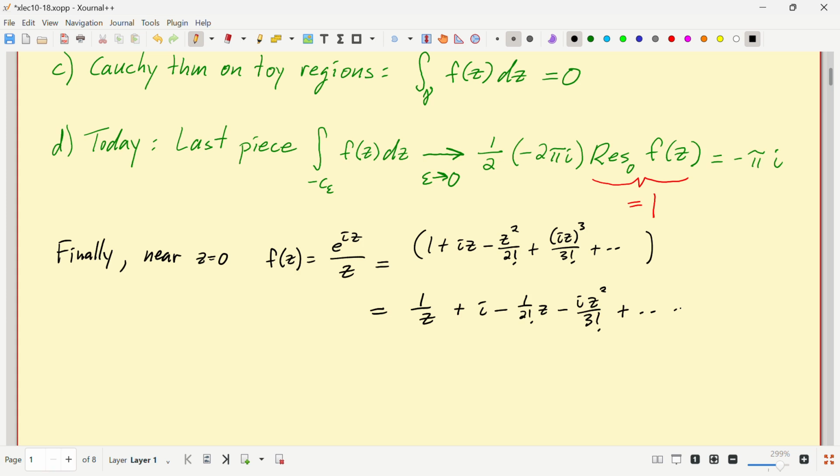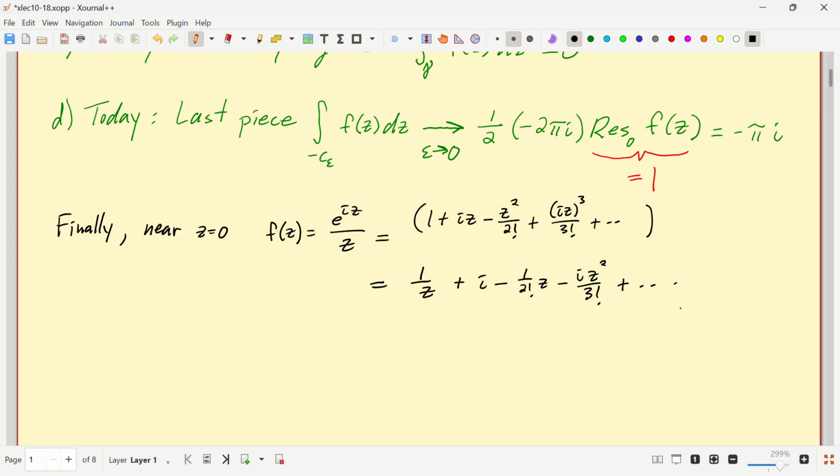And this thing here has the same radius of convergence as the e to the iz power series, so this is an entire function. Let's call that h of z, and it's entire. And we read off that this is the residue. I promised it would be 1.